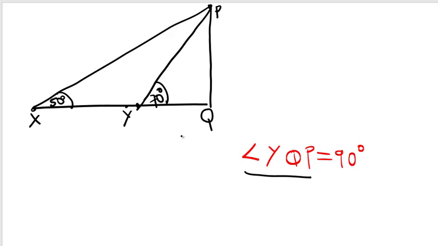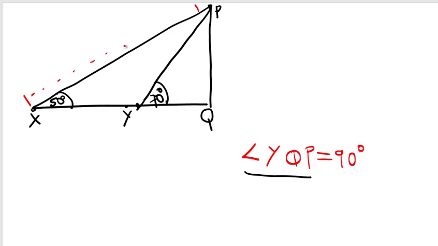If we are to move to the II, the question wants us to find the length of XP. So it means the distance from this point up to this point.